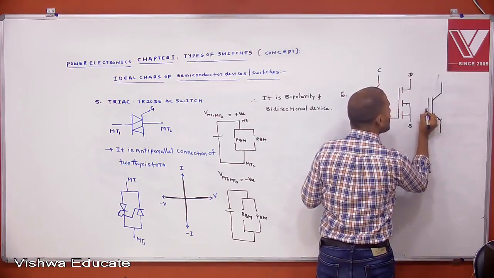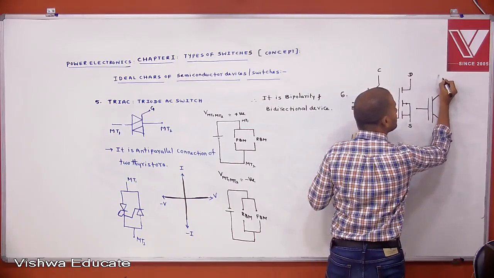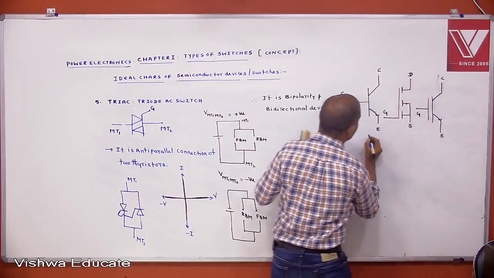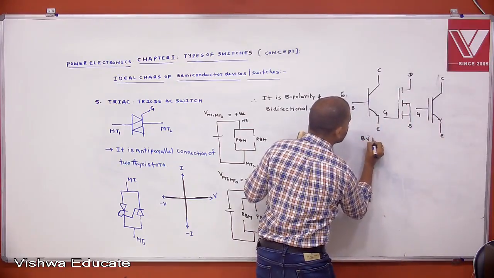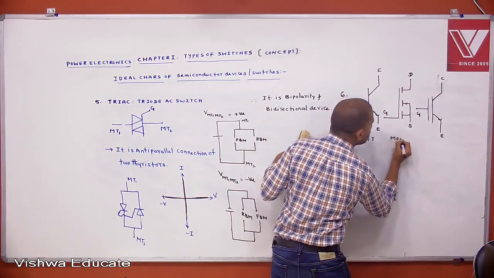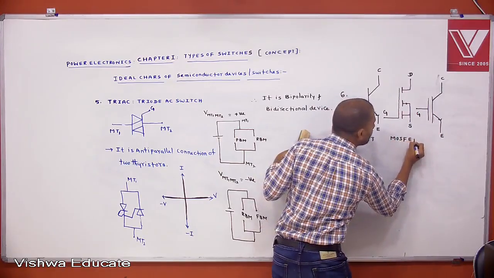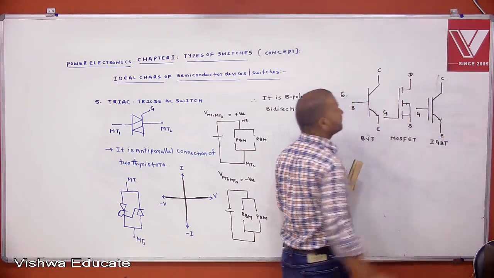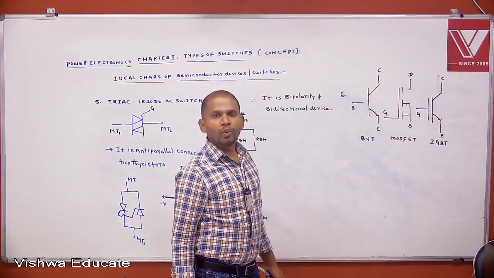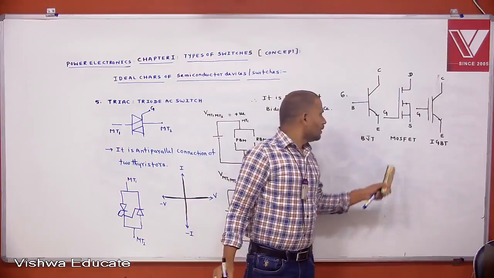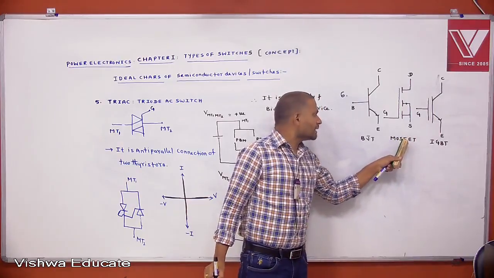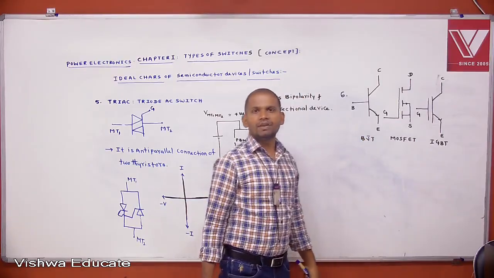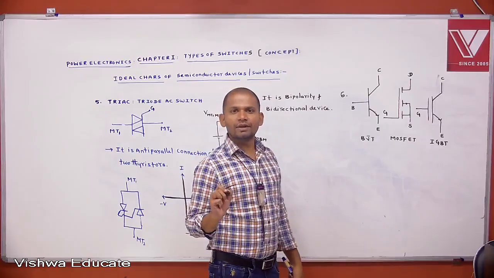All these devices have the same characteristics. This is BJT, this one is MOSFET, and this is IGBT, insulated gate bipolar transistor. MOSFET is metal oxide semiconductor field effect transistor. BJT is bipolar junction transistor. We'll see these devices in detail later in different sessions.